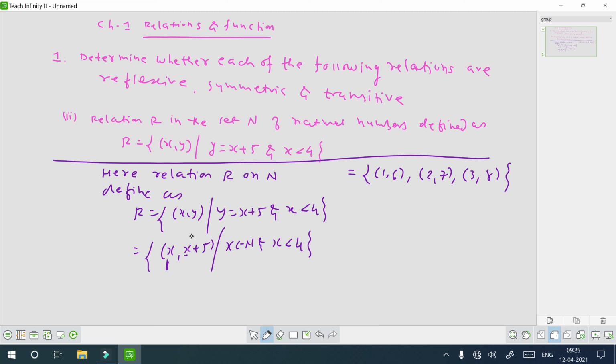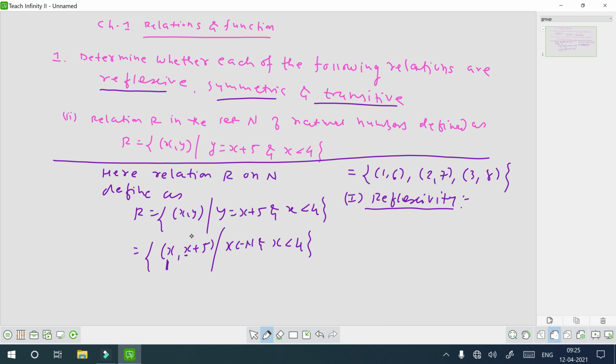Now say this is our R. R is this one. Now we have to check three types of relation: reflexive, symmetric and transitive. Now see, to check the reflexive relation, what is the title? Reflexivity. Means whether the given relation is reflexive or not, that we have to check.